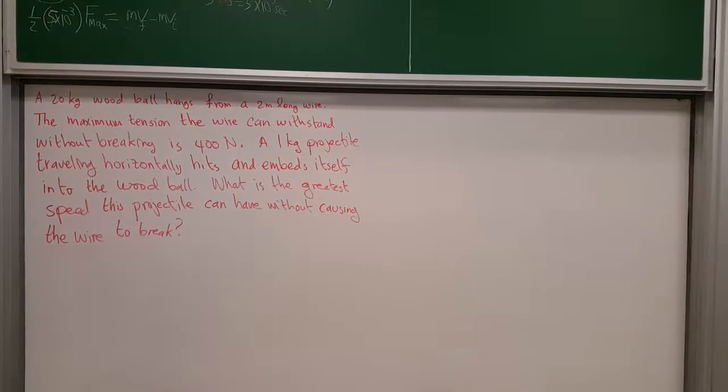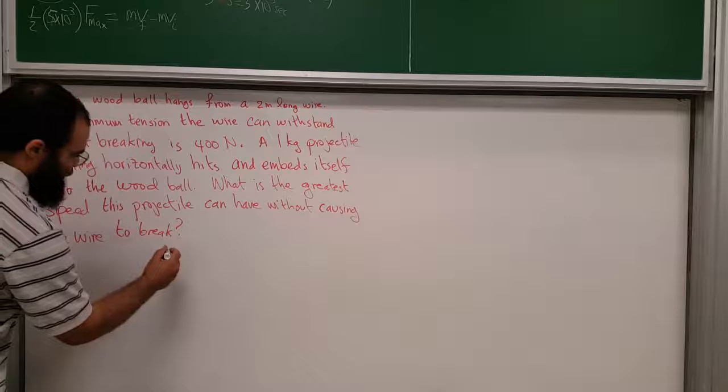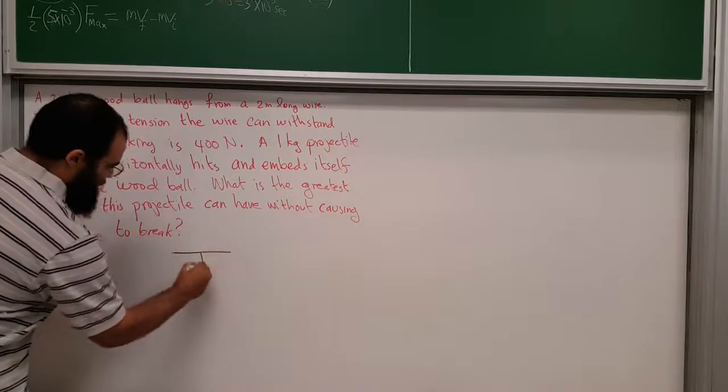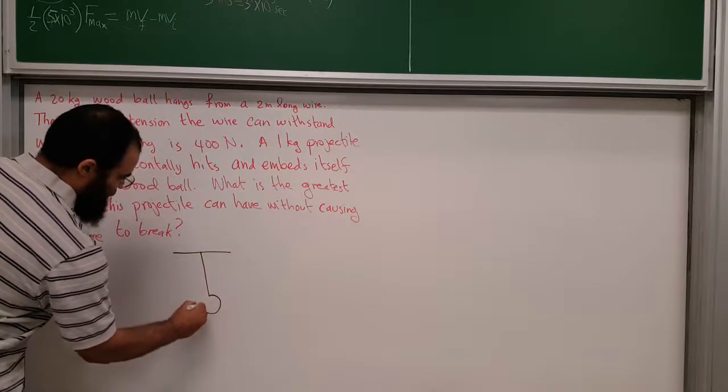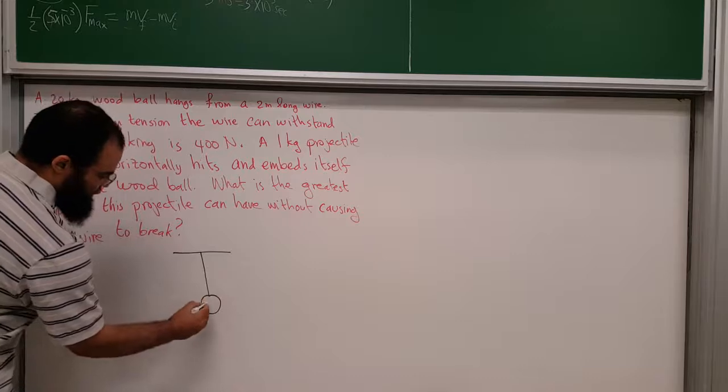All right, so this last question says a 20 kilogram wood block hangs from a 2 meter long wire. The maximum tension the wire can withstand without breaking is 400 newtons. So let's draw the first part here. Here is the wooden block. This is 2 meters.